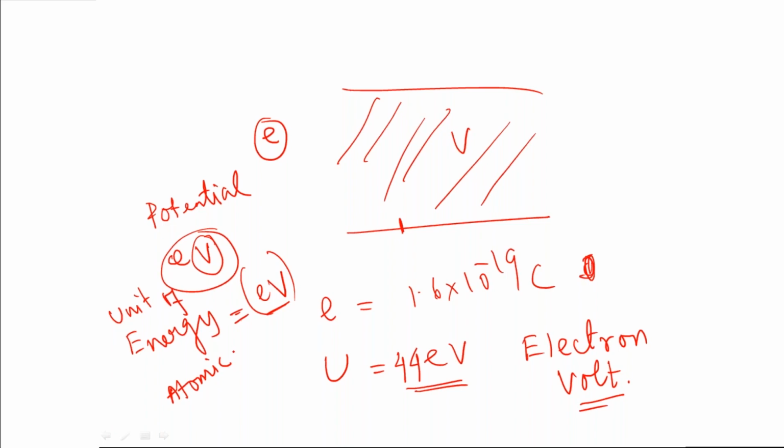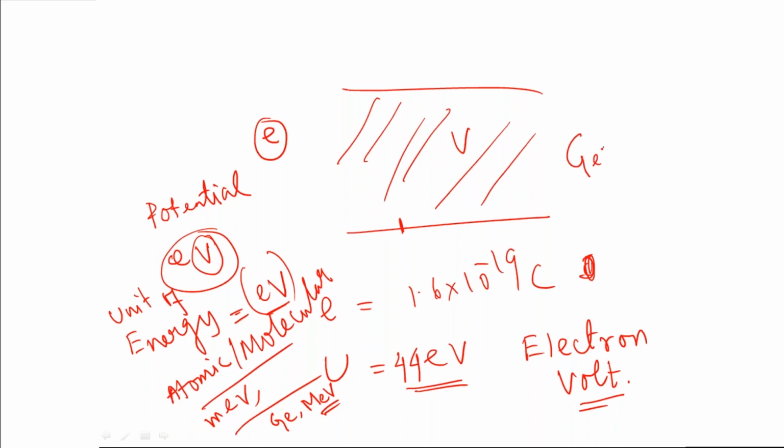But I have bigger units also, like giga electron volt, that means electron volt multiplied by 10 to the power 12, then mega electron volt, which is electron volt multiplied by 10 to the power 6.